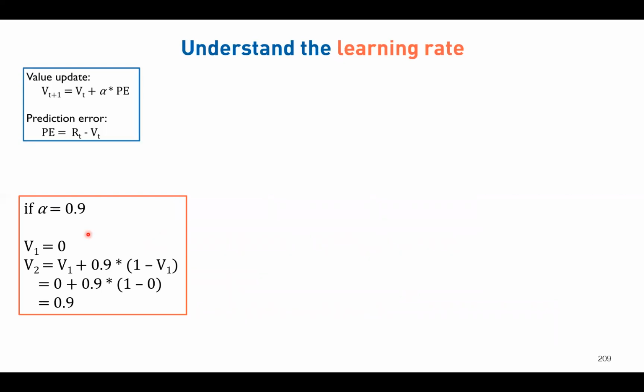The initial value is 0, and the new one equals the old one plus the learning rate multiplied with the prediction error. The prediction error is the actual reward, 1 in this case, minus the previous expectation. The previous expectation equals 0, not surprisingly. We do this calculation and see that the next value becomes 0.9, okay?